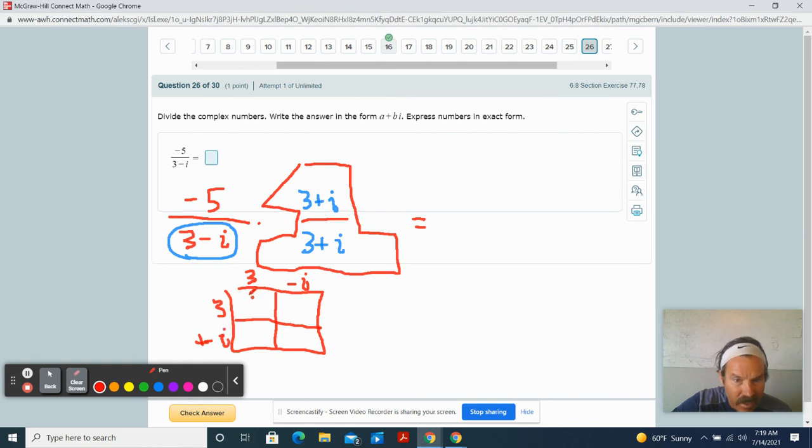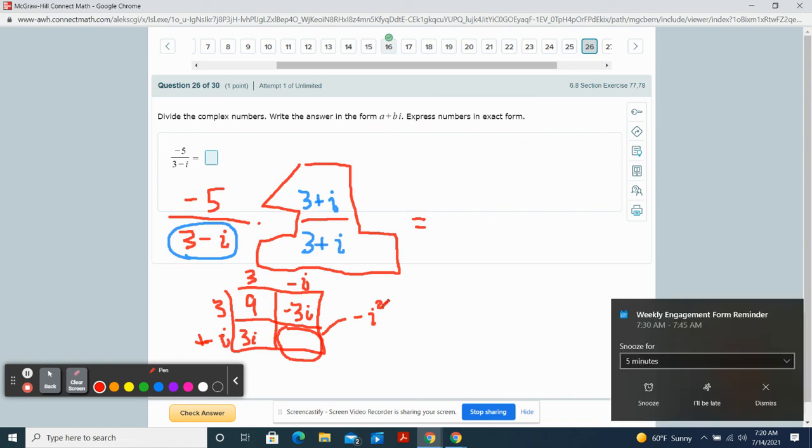3 times 3, 9. 3 times negative i, negative 3i. 3 times positive i, positive 3i. Negative i times positive i, be careful. That's a negative i squared. What's i squared? i squared is negative 1.